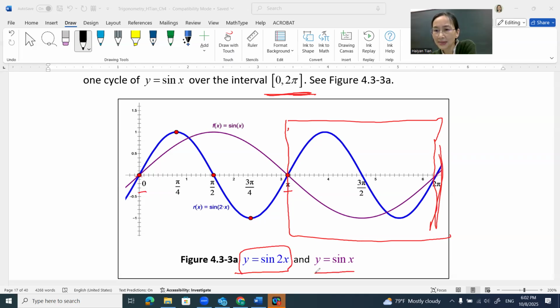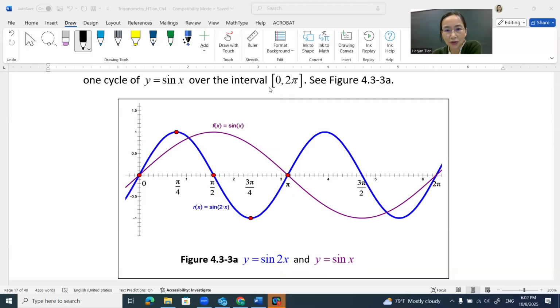Compared to the basic sine function, sine 2x has a smaller period. Its period is pi, not 2 pi. We graphed over the same interval.